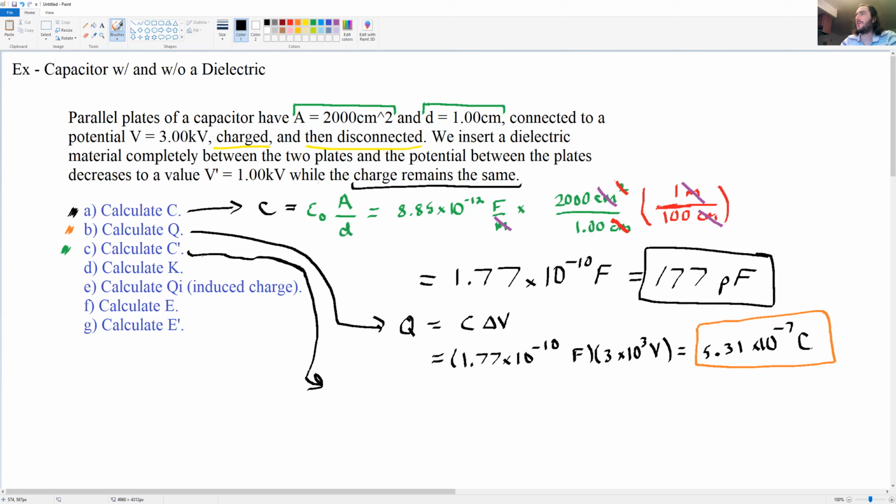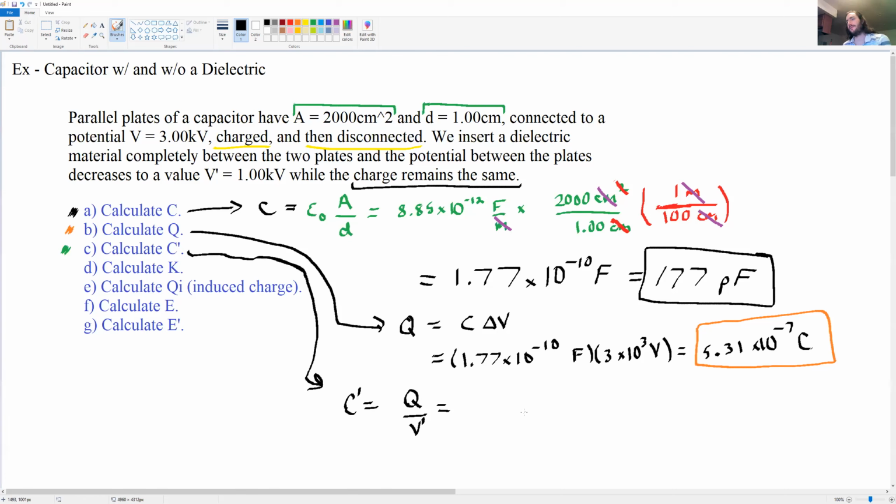C equals Q over V, Sean says. I like it. So let's go ahead and write that out. So C equals Q over V. But let's go ahead and put the primes in here. So we're calculating C prime because now we have a new voltage V prime here. And so the charge stays the same.